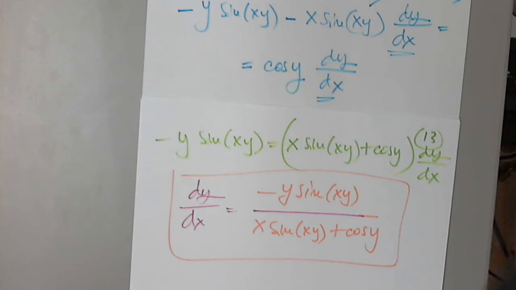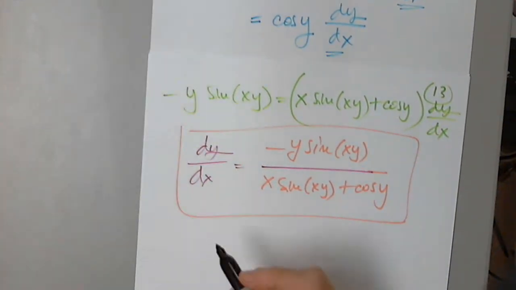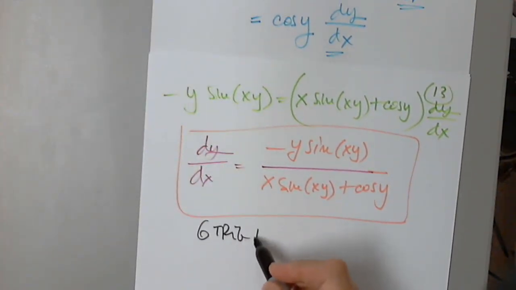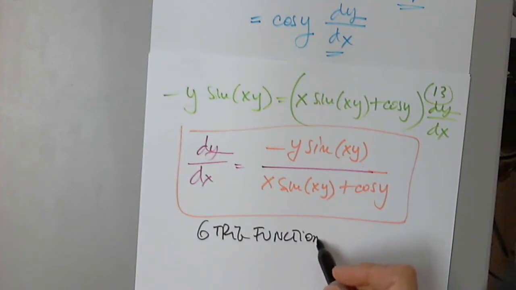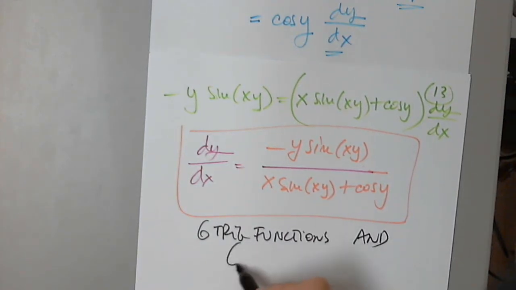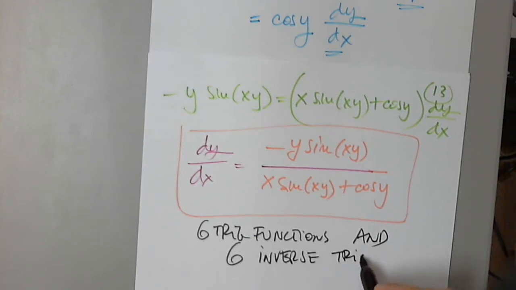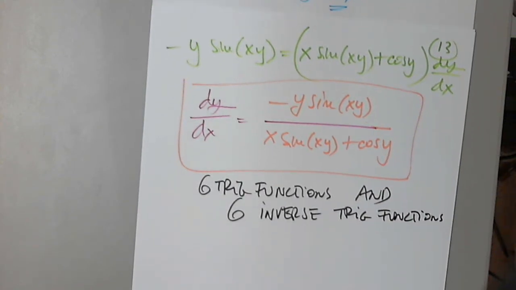Okay. There are 6 trig functions and 6 inverse trig functions. We know the derivatives of all 6 trig functions. I'm only asking you to remember 3 of the inverse trig functions, just 3.